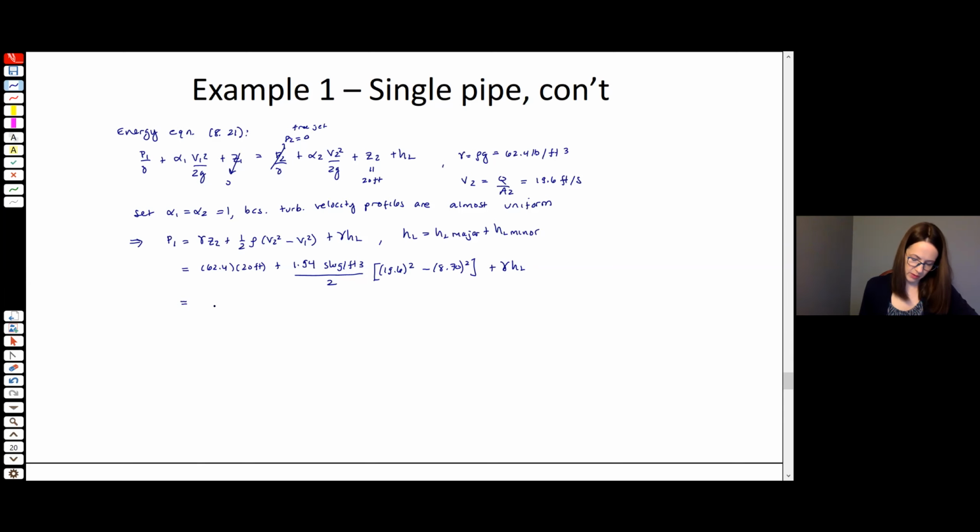So this turns out to be 1547 pounds per feet squared plus gamma times the head loss, or 10.7 psi plus the head loss.